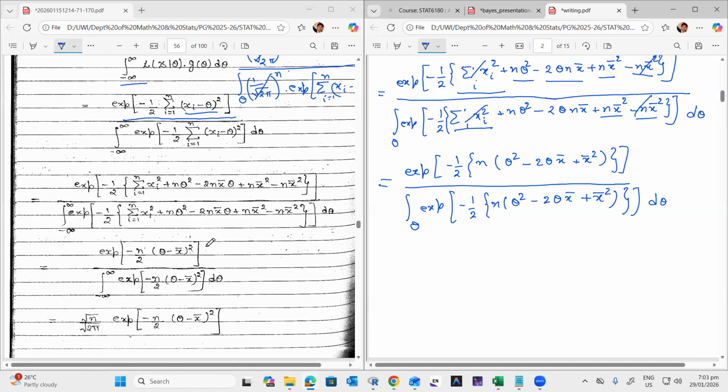So it will be converted to e raised to the power minus n by 2 theta minus x bar whole square, divided by integral over the range of theta e raised to the power minus n by 2 theta minus x bar whole square d theta.